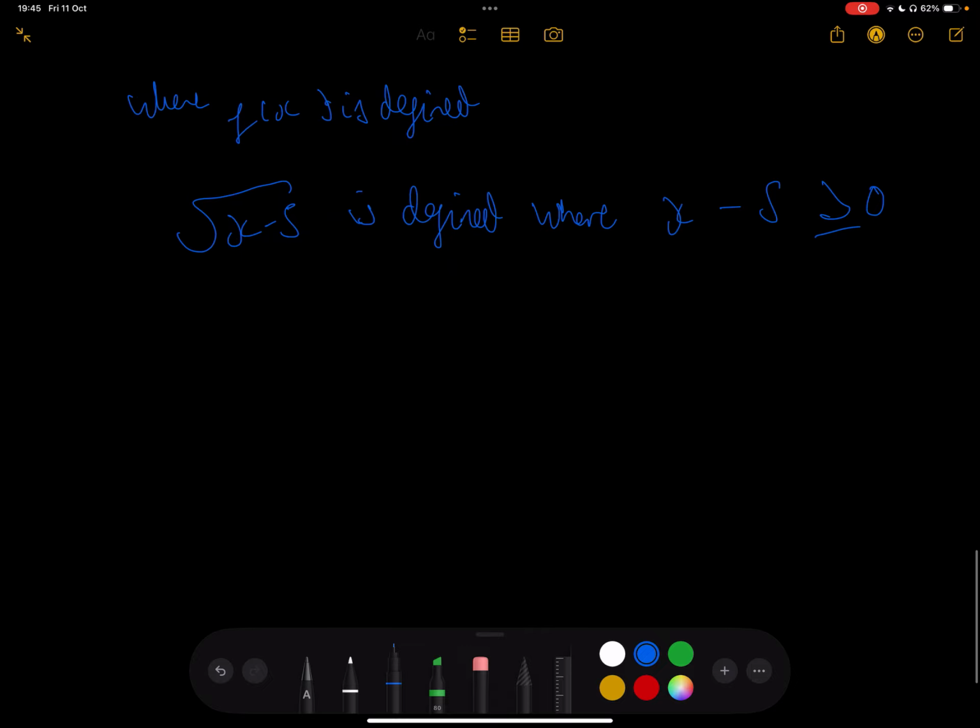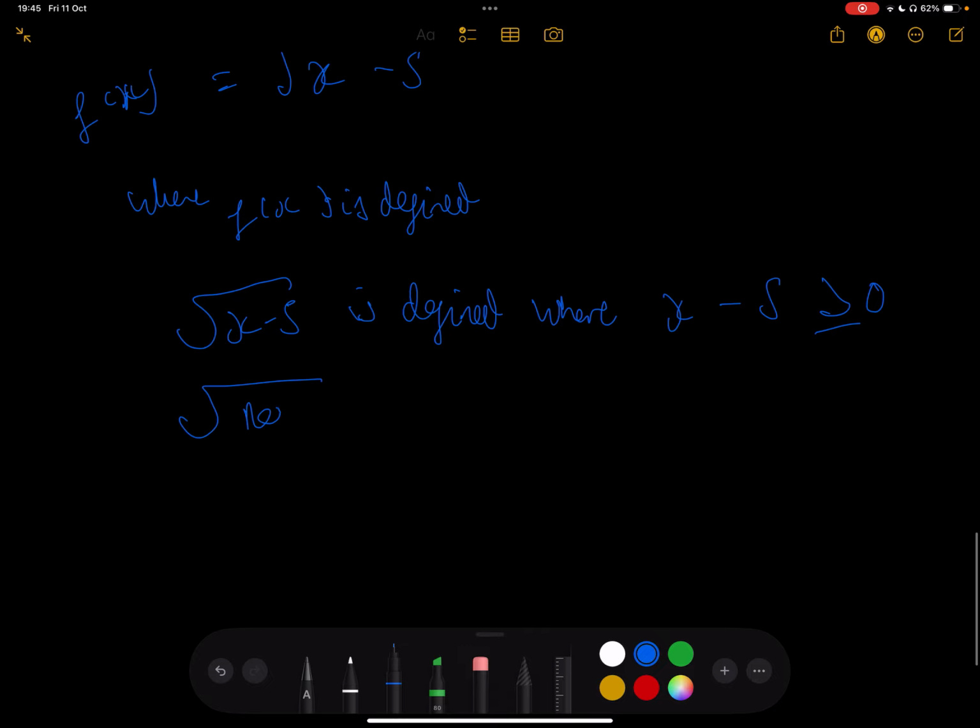Why? Well, we all know that the square root of a negative number leads to a number that is not real. Therefore, the function will be undefined in this state.